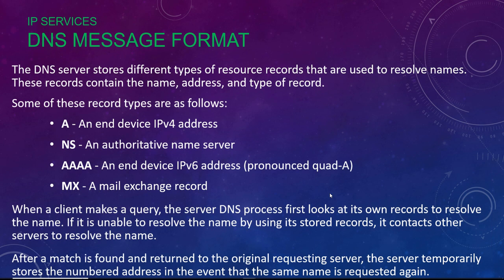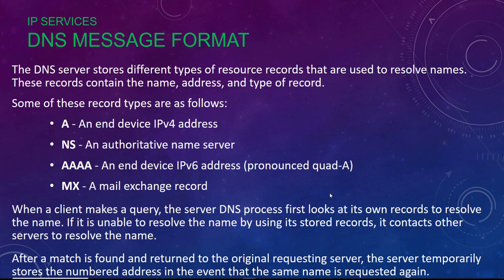Alright, so the DNS servers store different types of resource records that are used to resolve names. These records contain the names, the addresses, and the types of records. Some of these records are the A record, the NS record, the AAAA record, the MX record.